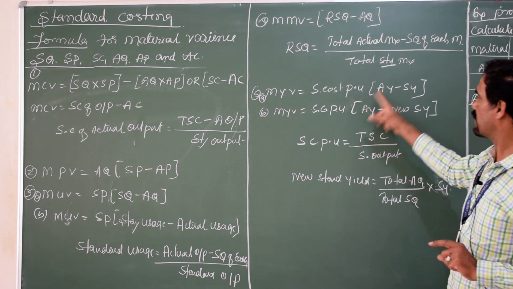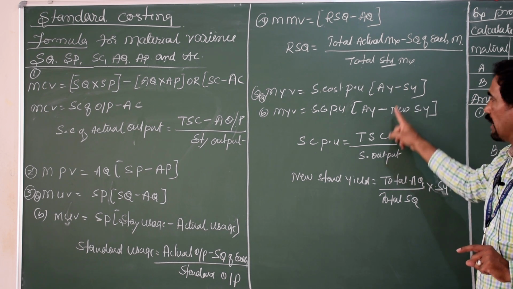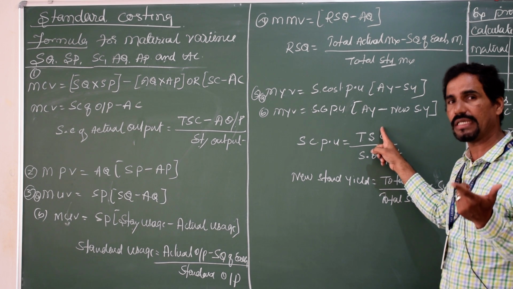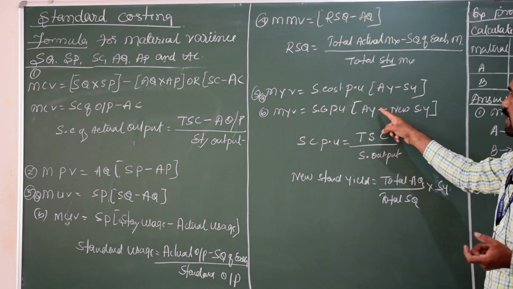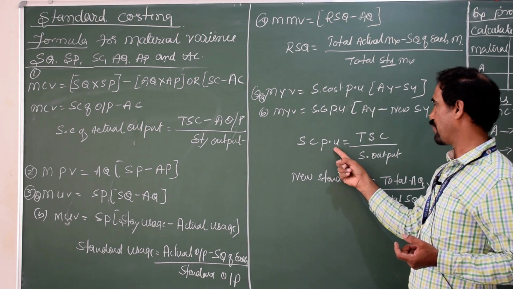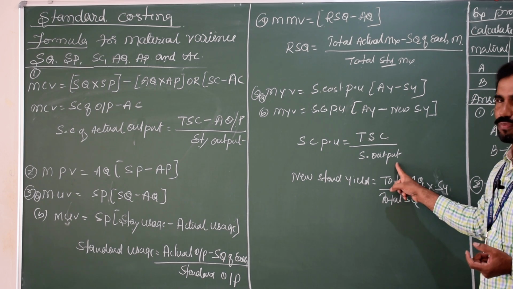See this difference: actual yield minus standard yield, because it is old. If the old standard yield is not given, you can find out the new standard yield, so actual yield minus new standard yield. Standard cost per unit equals total standard cost divided by standard output.